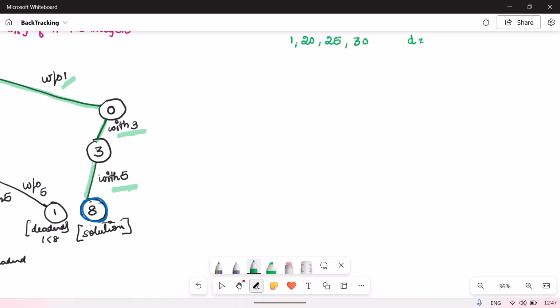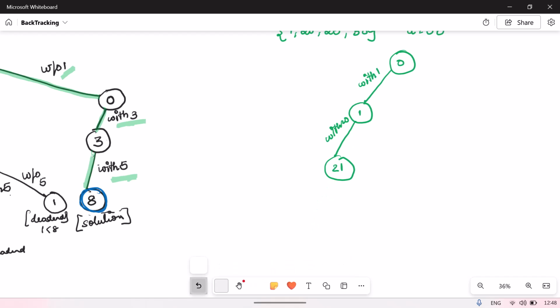Let's say the D value is 55. So initially 0, then with 1, so 1, next element with the 20, so 21.